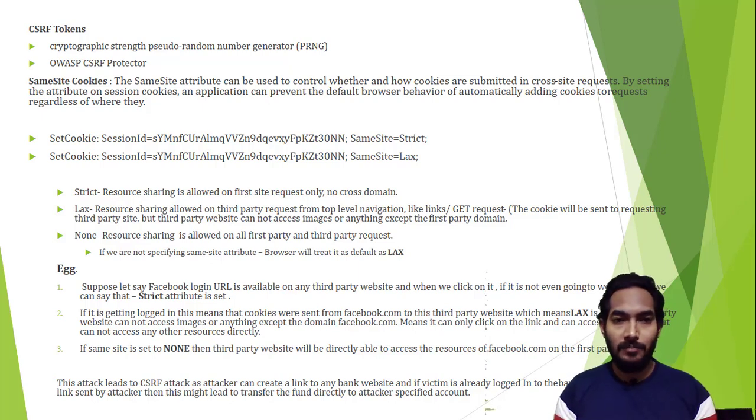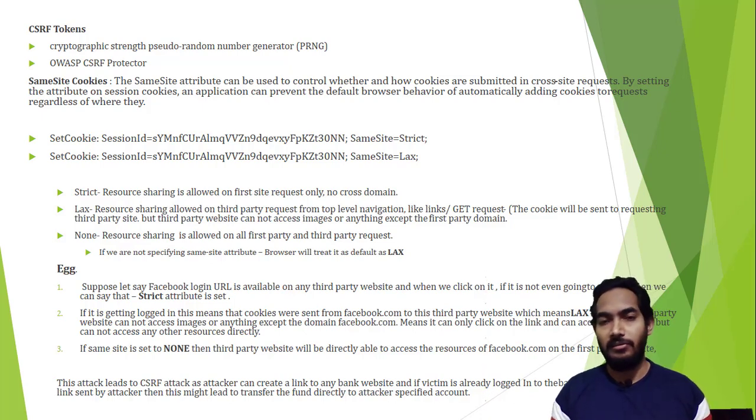I think these are the major preventions that you can apply for CSRF. So you can prevent the CSRF attack by using these methods. And there are some other tools that you can use, like the OWASP CSRF Protector, and you can also make use of a cryptographically strong pseudo random number generator.